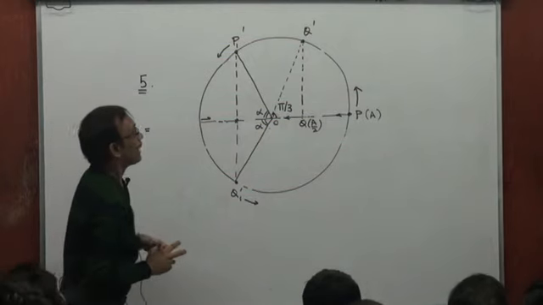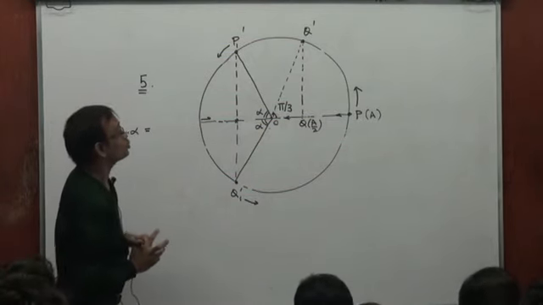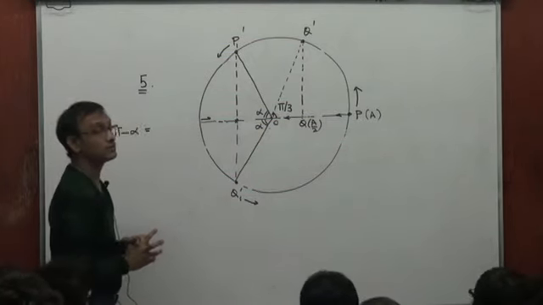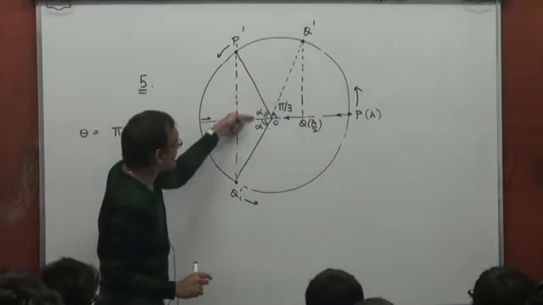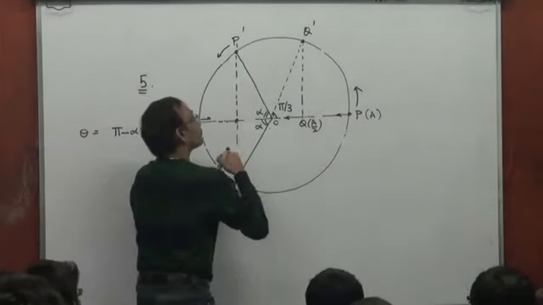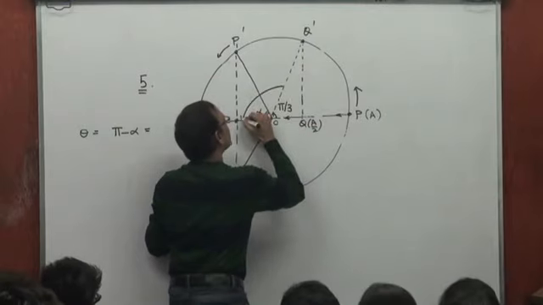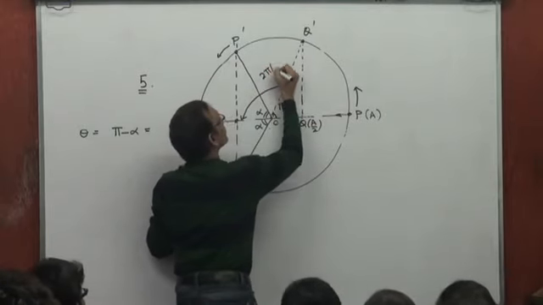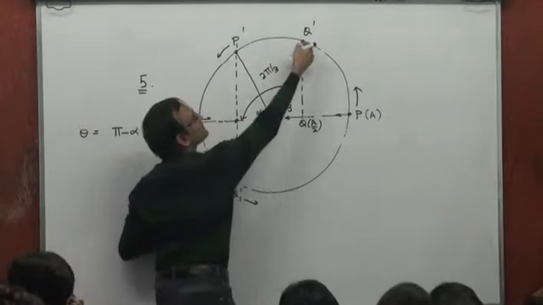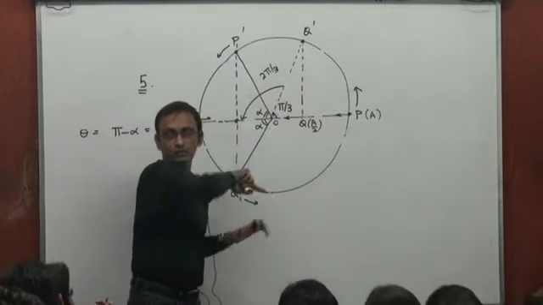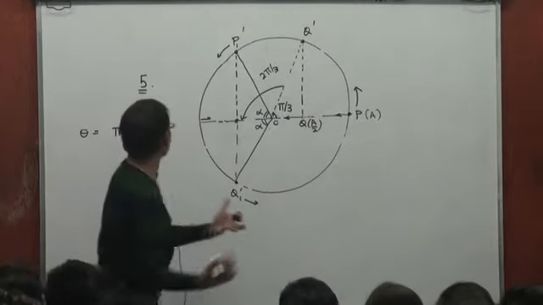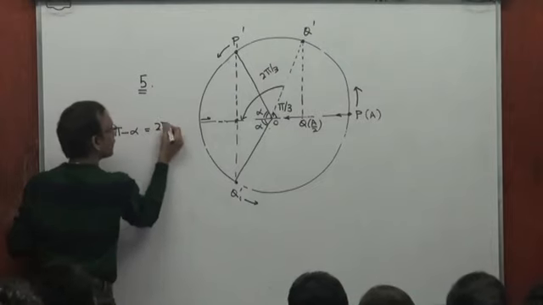What's the angle described by Q at the center? 2 pi by 3 plus alpha, yes or no? See, this angle is 2 pi by 3 plus alpha, the angle described by the auxiliary particle of Q at the center, and they are equal.